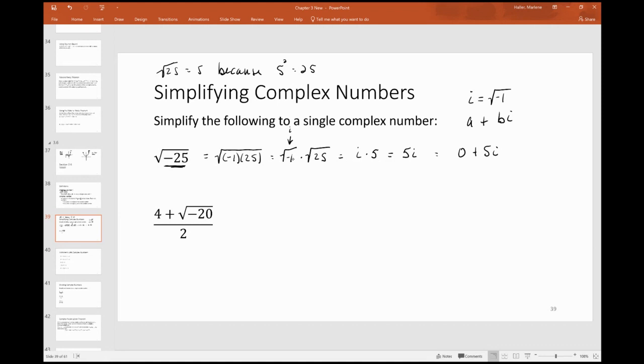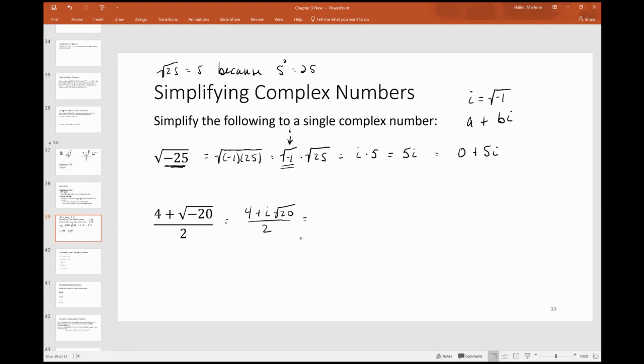The shortcut here would be to pop an i out front and drop the negative, right? So I could rewrite this as 4 plus i times the square root of 20, because of course i is the square root of -1, over 2.